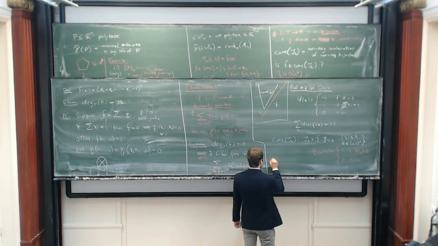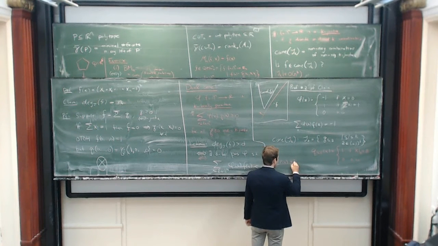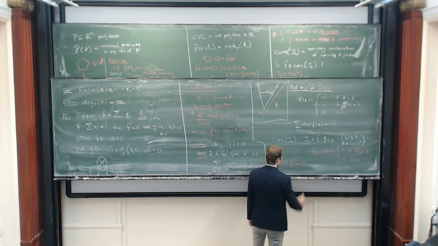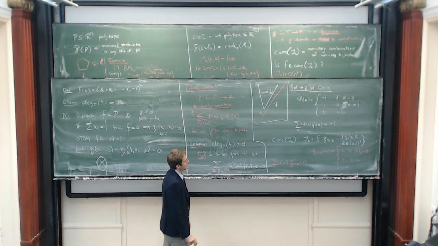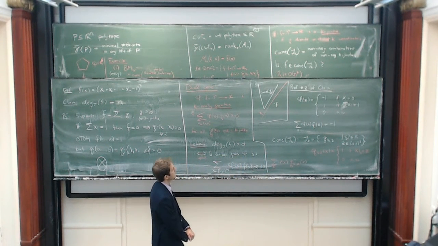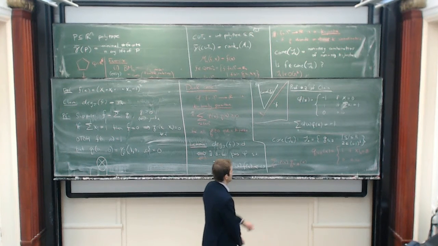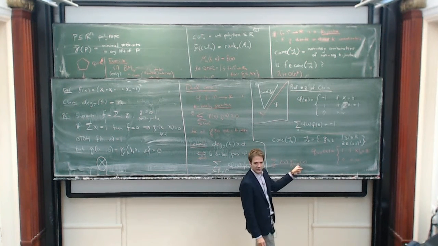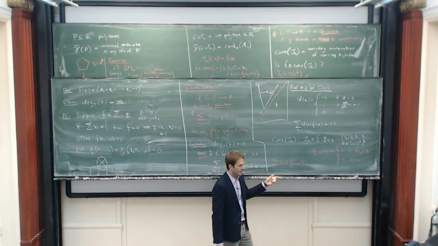Okay, so what happens if we evaluate it at such a function? I guess this is really simple. If this z is non-zero, then this thing is just equal to 0.